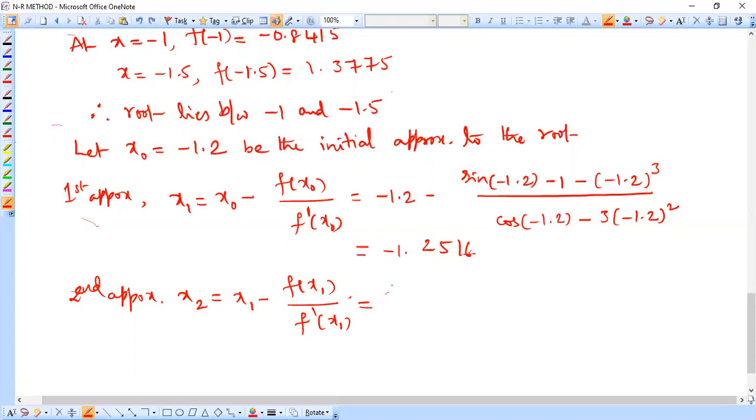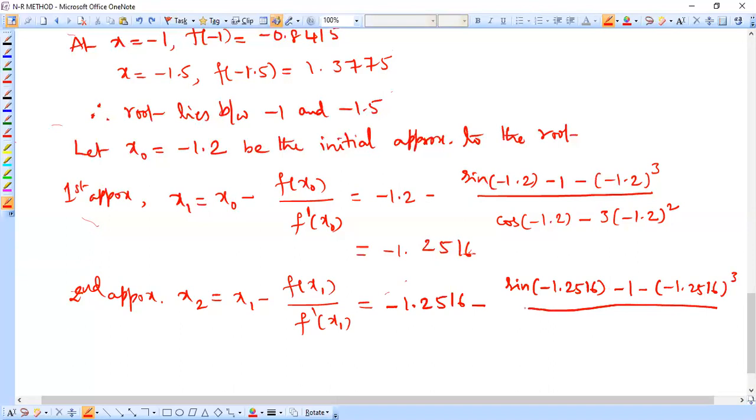So this is equal to minus 1.2516 minus, sine of minus 1.2516 minus 1 minus of minus 1.2516 whole cube, divided by cos of minus 1.2516 minus 3 into minus 1.2516 whole square, right?